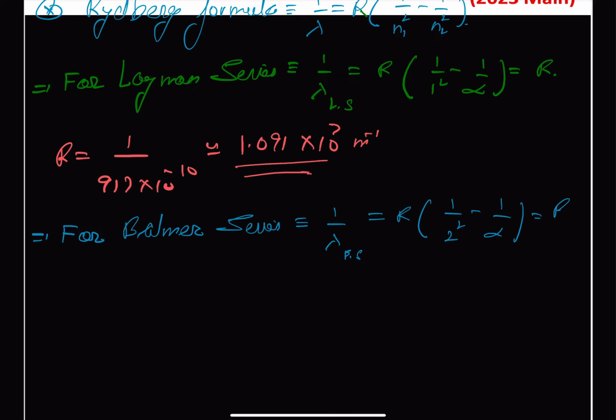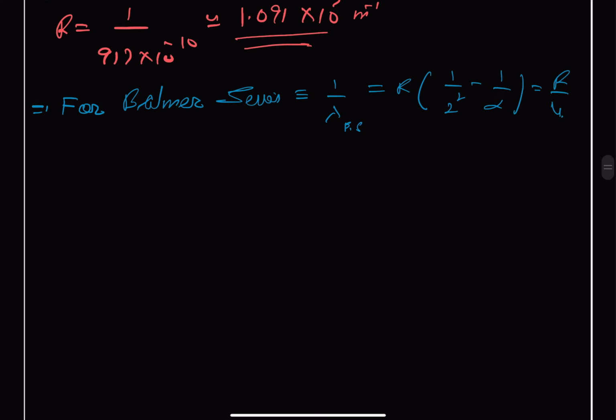This gives us R upon 4. Therefore, lambda Balmer will be equal to 4 upon R.